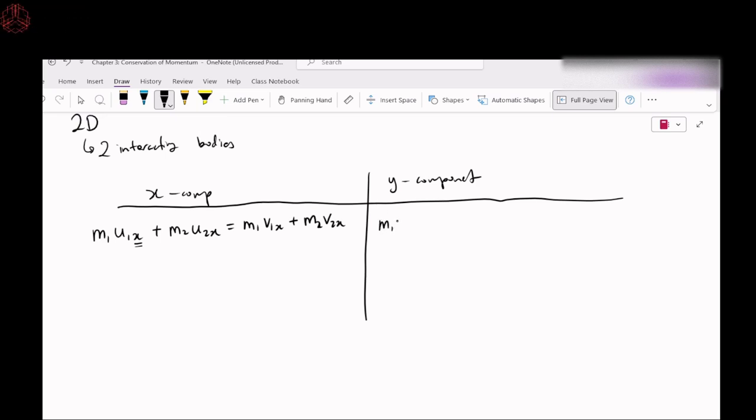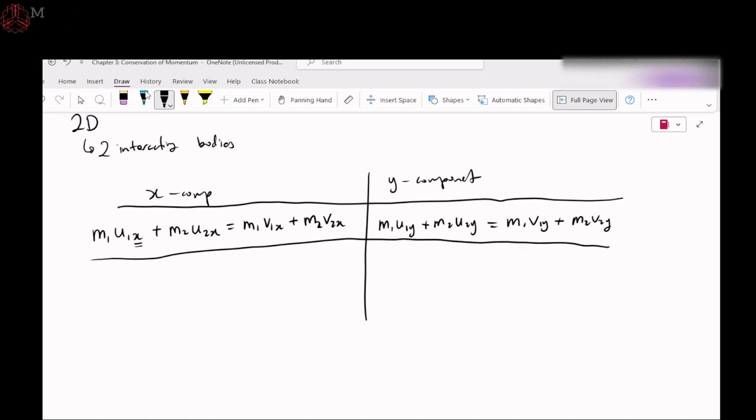I will have m1 u1y plus m2 u2y equal to m1 v1y plus m2 v2y. This is just breaking them up into their individual components.